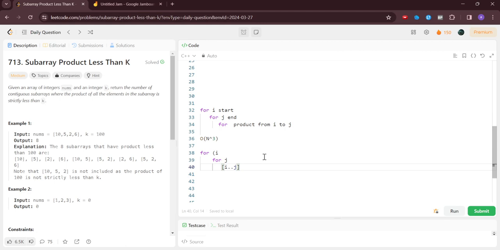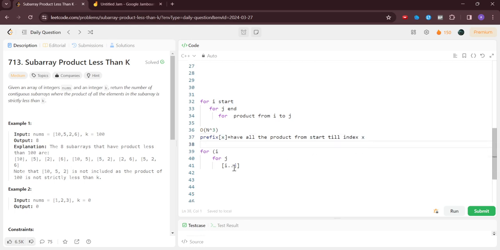Let's take the prefix product, where the prefix of a particular index is some x. This is going to have all the products ranging from the start of the array till the end index, which is x.